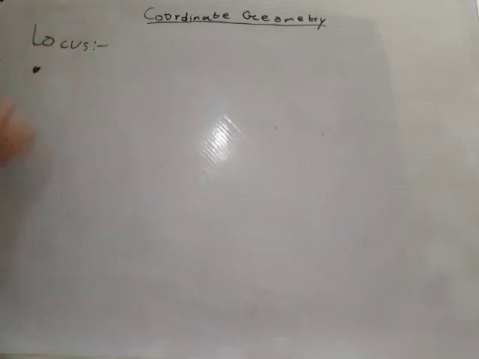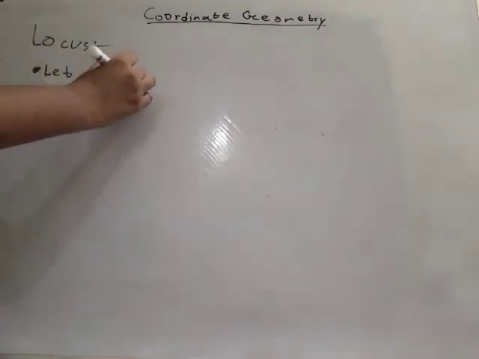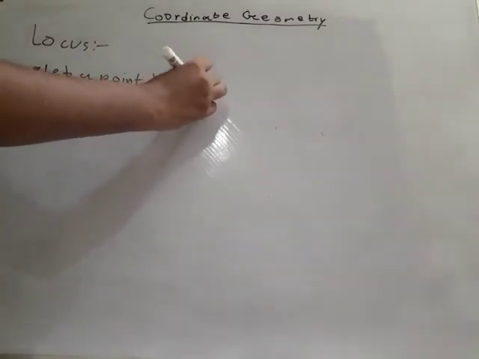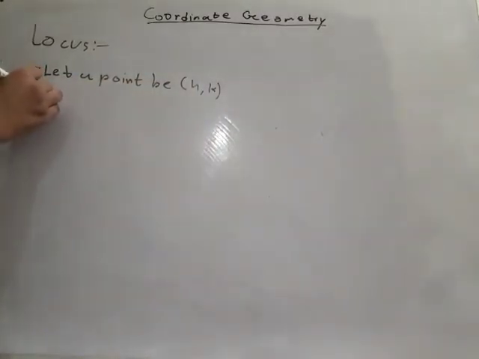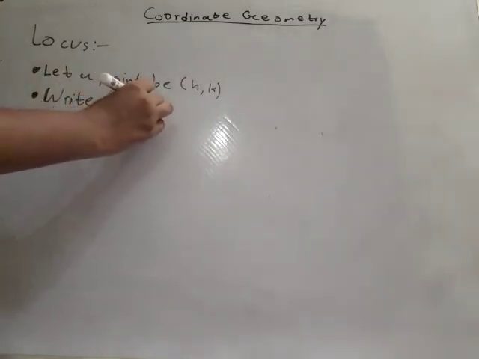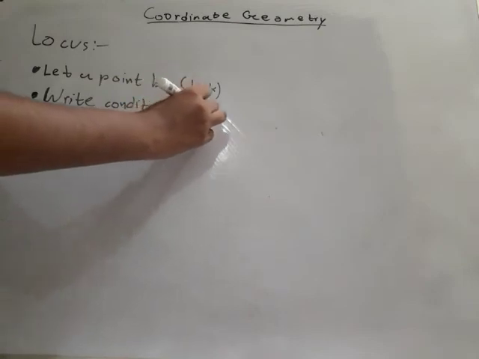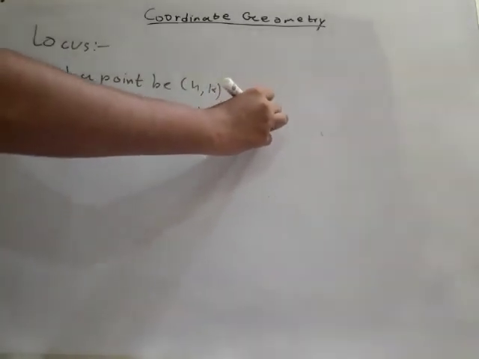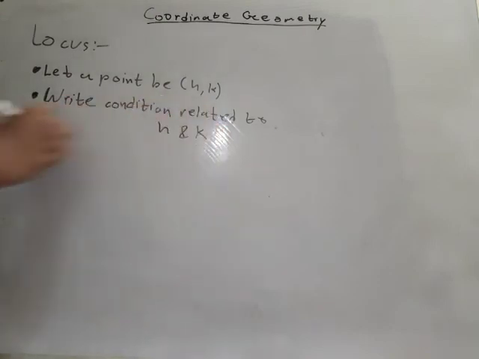There are 3 points to remember. To find the locus of a given curve, you have been given certain conditions. Let a point on the curve be h comma k. Now obviously h comma k satisfies all the conditions given in the question. So write the conditions related to h and k.